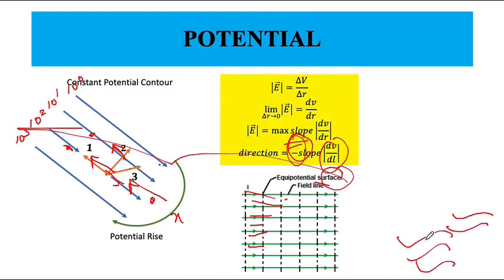Moreover, a very interesting phenomenon happens if the electric field is uniform, then the spacing between potential lines is constant. So let us say delta x will be the same. This delta x is the same, this delta x is the same, this delta x is the same. So same delta x for a given potential difference.